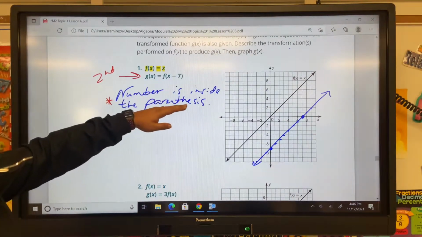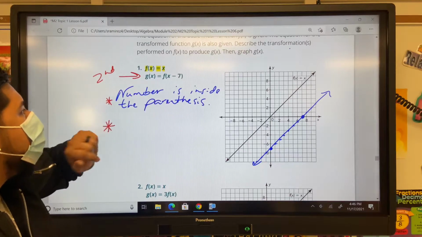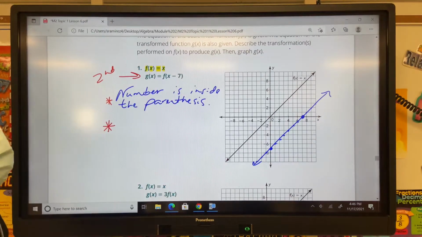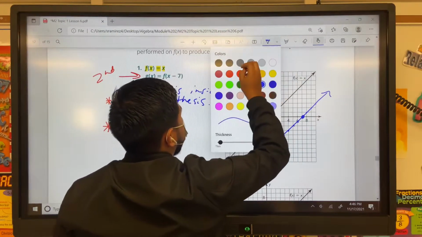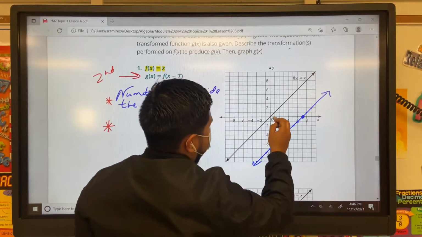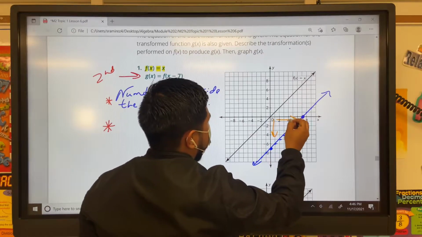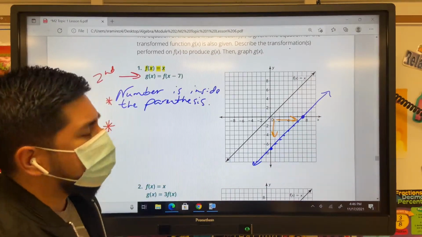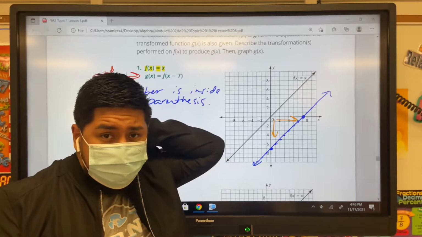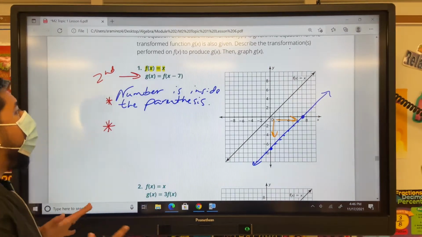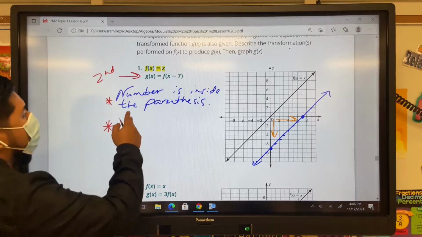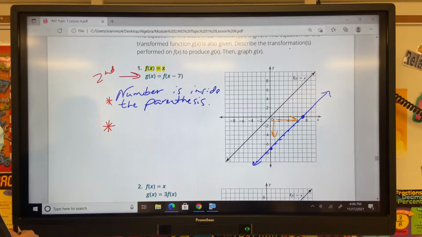Now we got to make the assumption, hey, it's in the parentheses. What is the movement? A lot of my students were real all-stars, and they said, you know what, sir? We're seeing that it went down and also to the right. And I said, you guys are right on it. You guys are doing exactly what I need you to see. Now, let's put into perspective what the parentheses means.